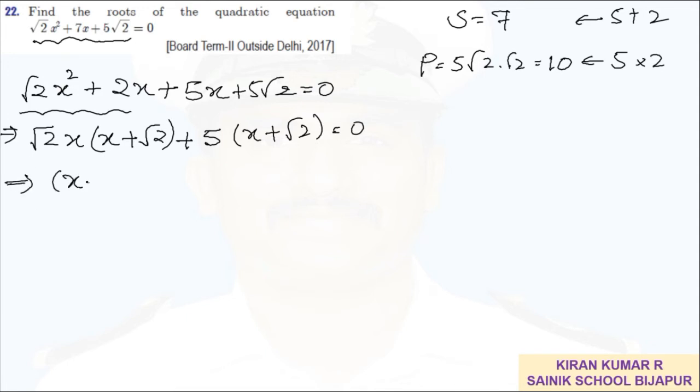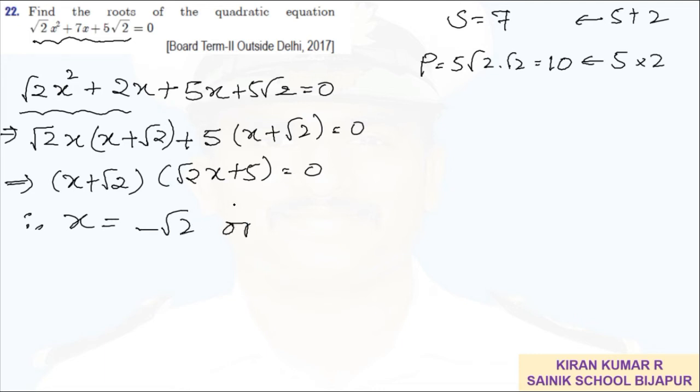Now x plus root 2 is taken common, root 2x plus 5 remains. Therefore, the values of x are negative root 2 or negative 5 by root 2. These are the roots.